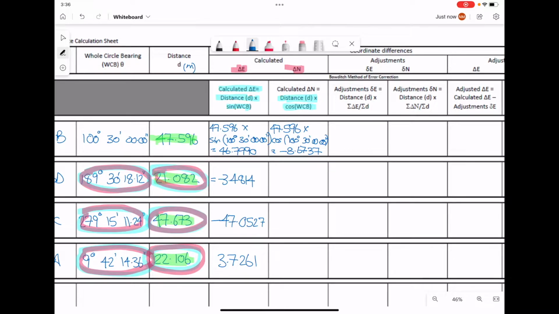The answers for these: minus 20.7926, 7.6656, 21.7897. For these, work to 4 decimal places.